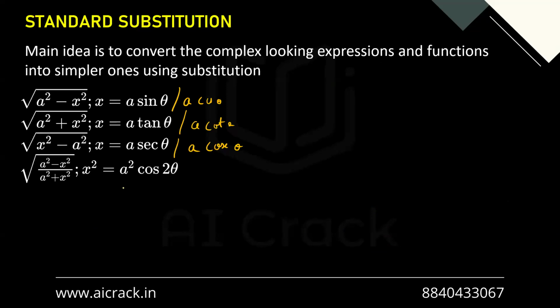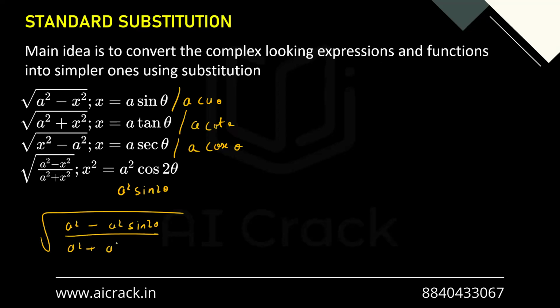Now the other case is a square sine 2 theta, right? So we have got a square minus a square sine 2 theta upon a square plus a square sine 2 theta. Now a square gets cancelled out from both numerator and denominator, right? So we'll be getting 1 minus sine 2 theta upon 1 plus sine 2 theta, right?